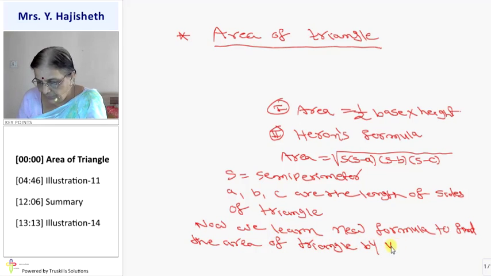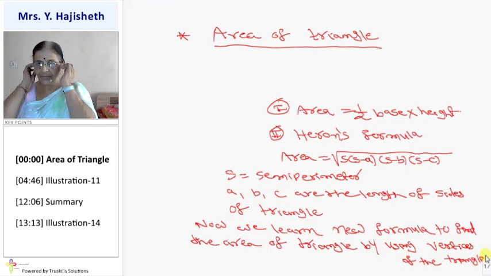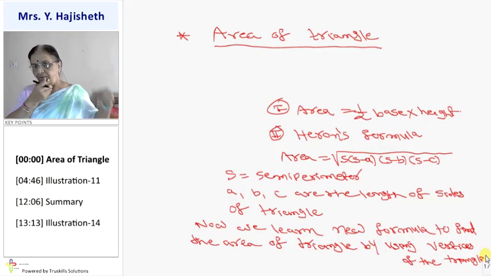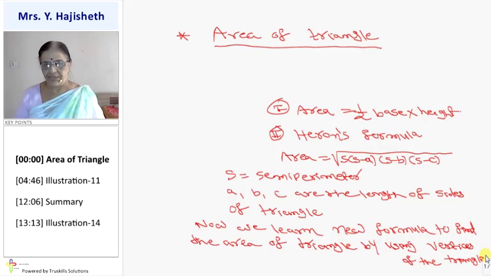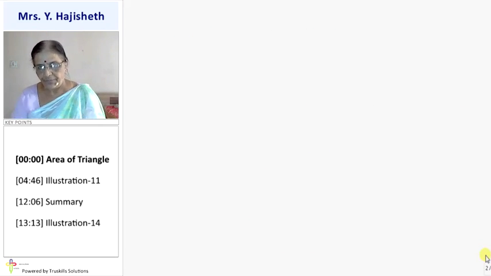By using the vertices of the triangle. If only 3 vertices are given, then without finding the length of any side, I can find out the area just by using vertices of triangle, okay?